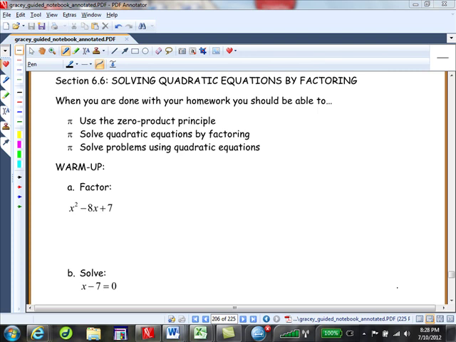So there's a very powerful tool called the zero product principle to solve quadratic equations. We will use our factoring skills to solve these quadratic equations, and then we'll solve some applied problems using quadratics. So go ahead, pause the movie and do the warm-up, and I'll be right back.